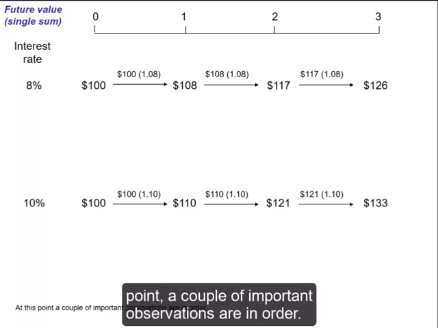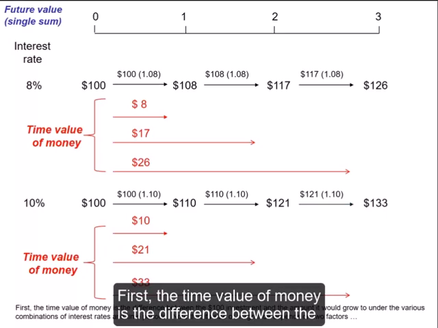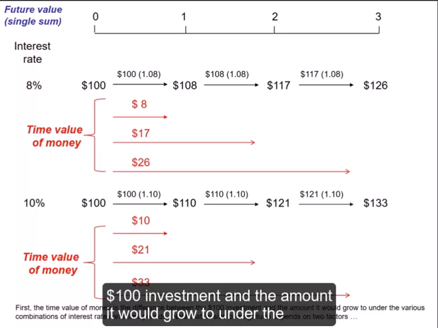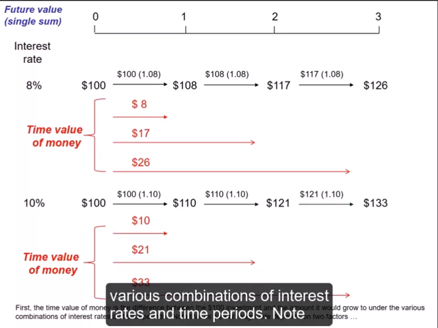At this point, a couple of important observations are in order. First, the time value of money is the difference between the $100 investment and the amount it would grow to under the various combinations of interest rates and time periods.